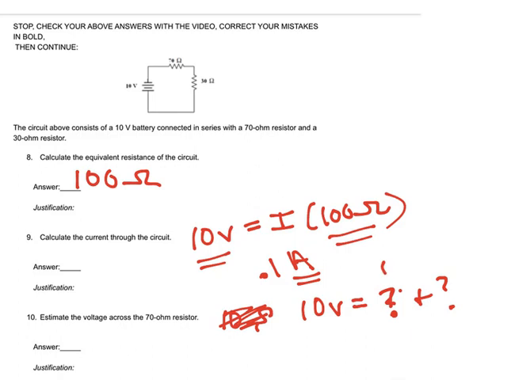And we do know that the bigger one is going to take more voltage. The exact answer is 7. But if you guessed something less than 10, but greater than 5, I would give you credit for this. So your answer should be greater than 5, but less than 10.